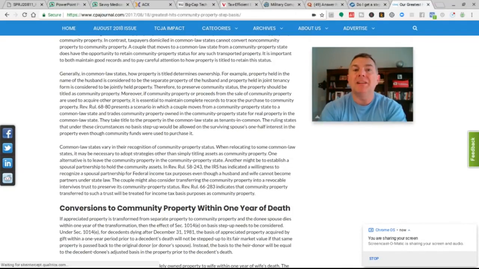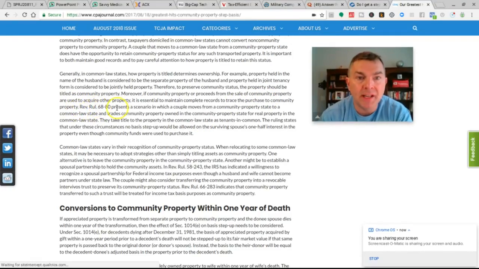It should just be titled as community property in community property states. Moreover, if community property or proceeds from the sale of the community property are used to acquire other property, it is essential to maintain complete records to trace the purchase to community property.